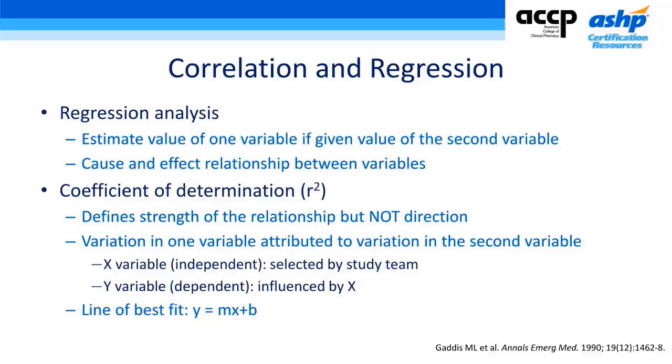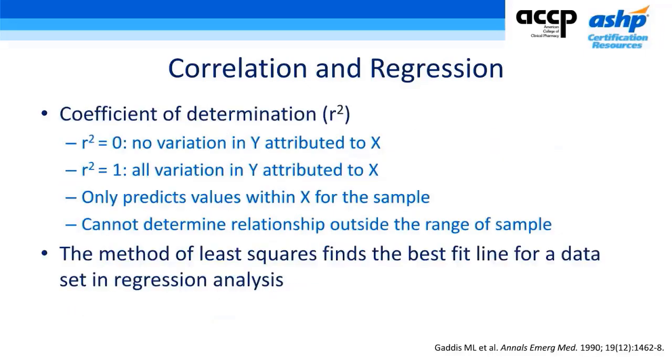And I realize this is going back to high school math classes here, and so I apologize if you never thought you would have to worry about Y equals MX plus B again. So how do we interpret the R-squared, or coefficient of determination?